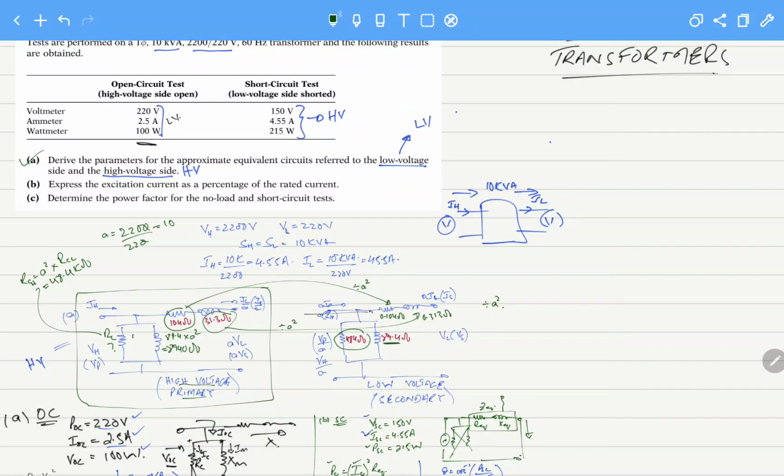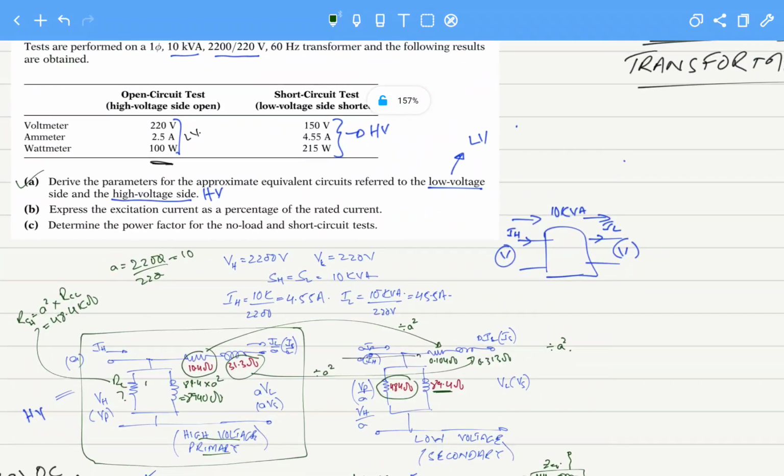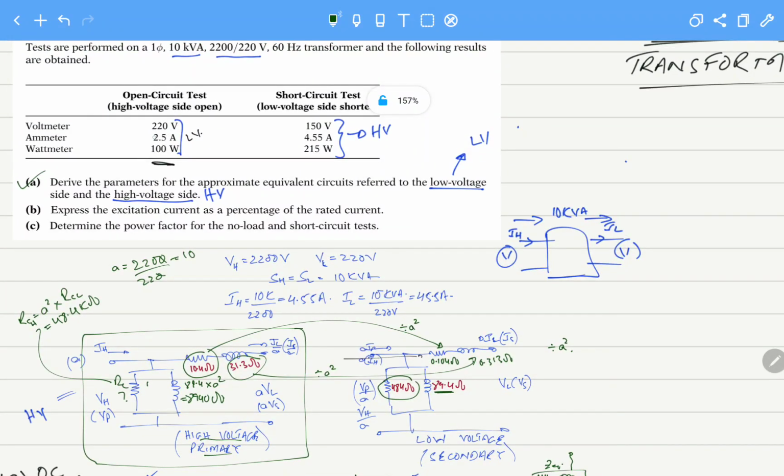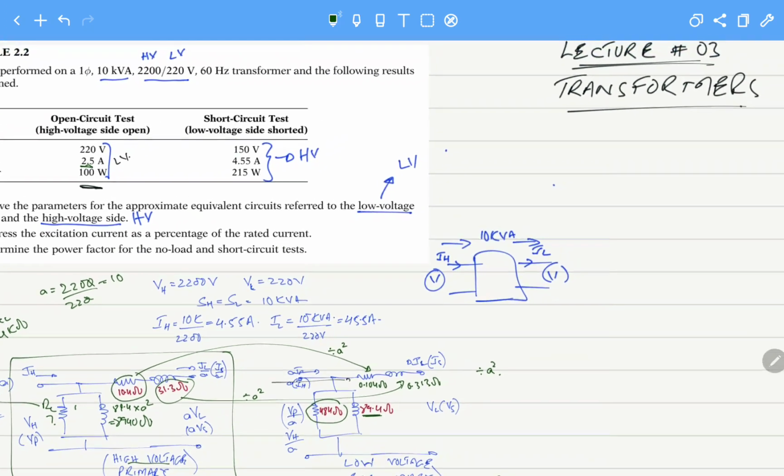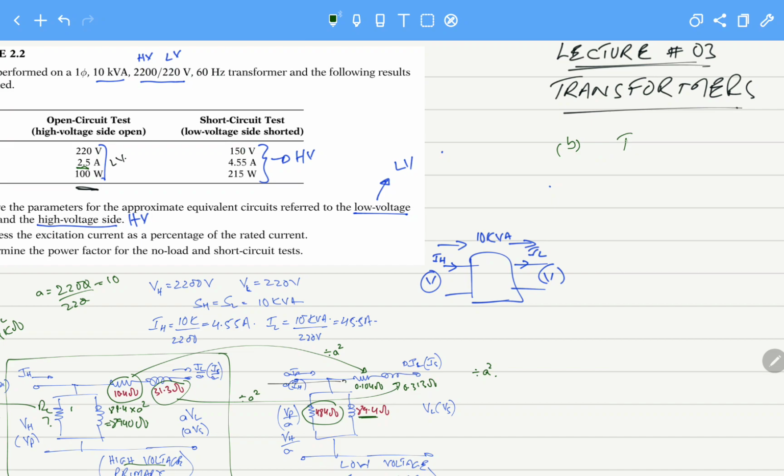Now let's look at expressing the excitation current as a percentage of the rated current. The excitation current we have is 2.5 ampere. Let's try to solve part B. The excitation current is 2.5 ampere, and this was actually measured at the low voltage side, in this case the secondary side.